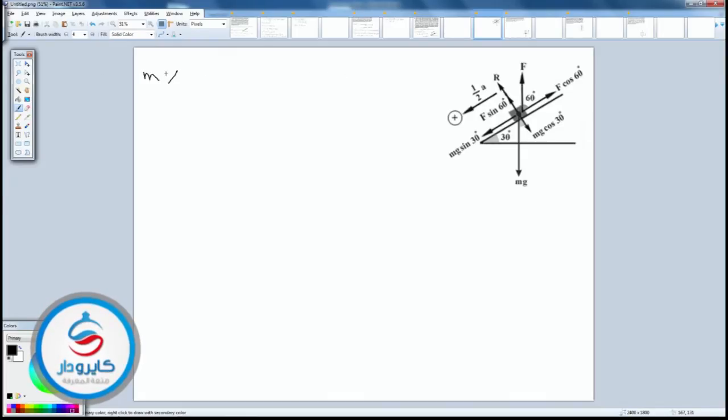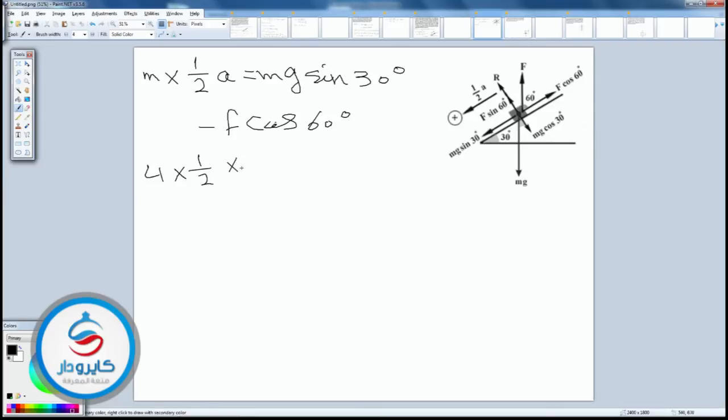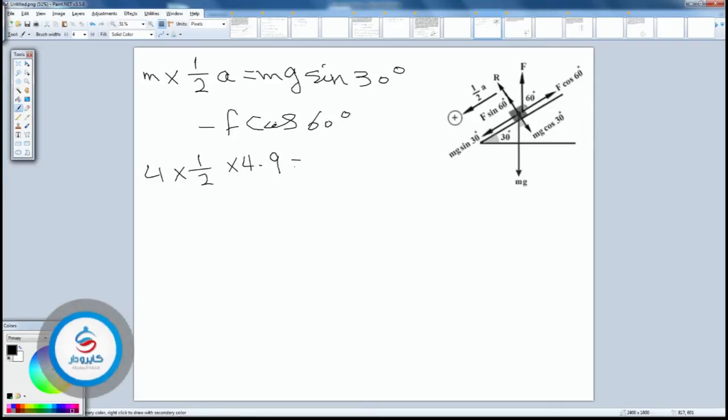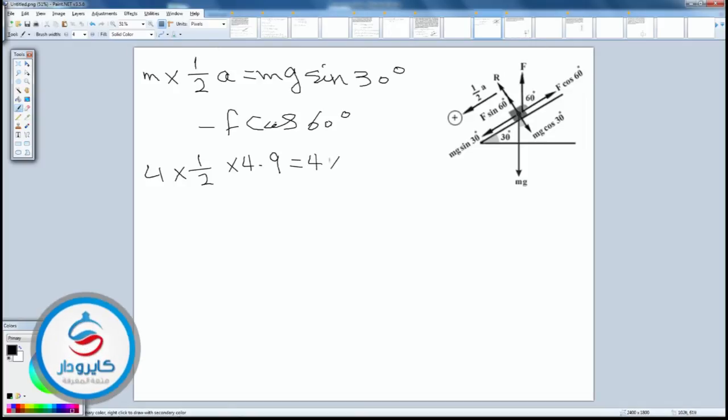M by half A equals mg sine 30 degrees minus f cosine 60 degrees. 4 by half by 4.9 equals 4 by 9.8 by half minus f by half.